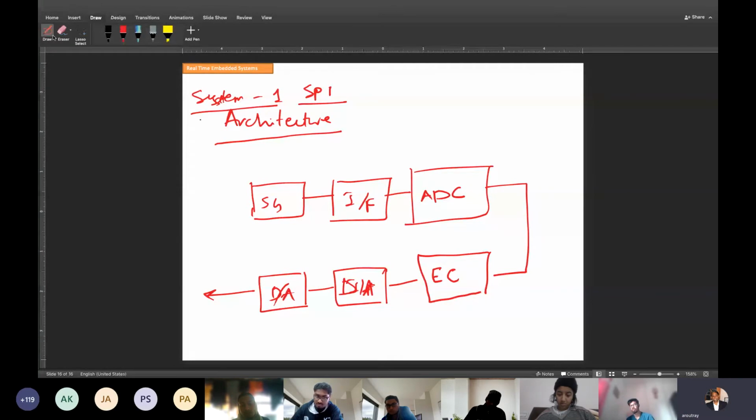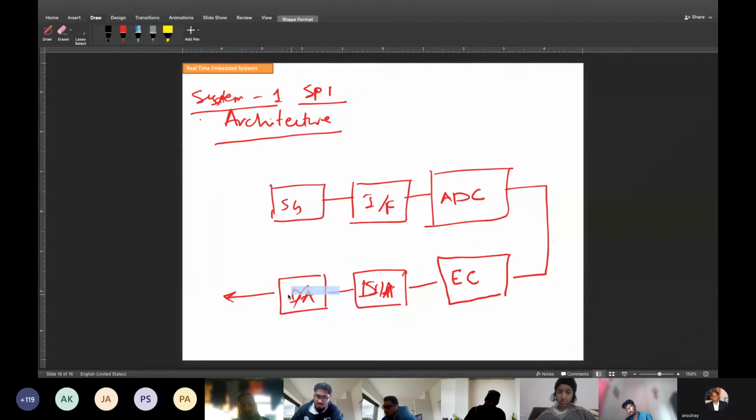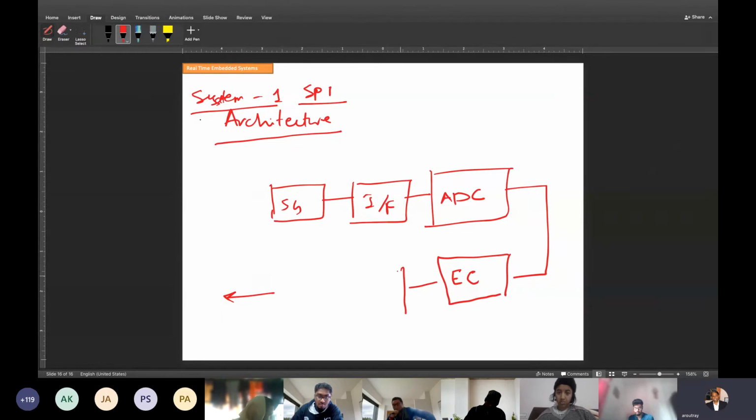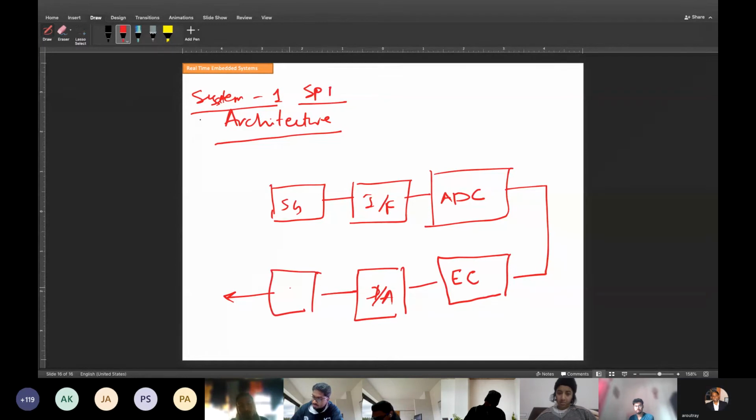Let me erase it a little bit. That means this should be DA first, then interface. So this could be a filter.